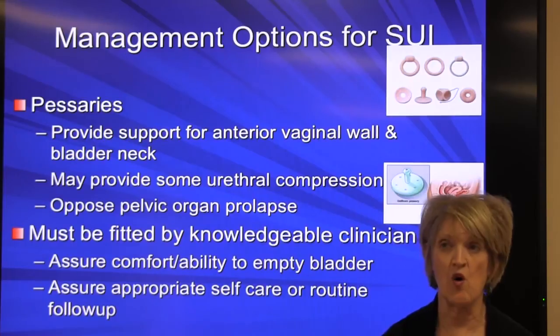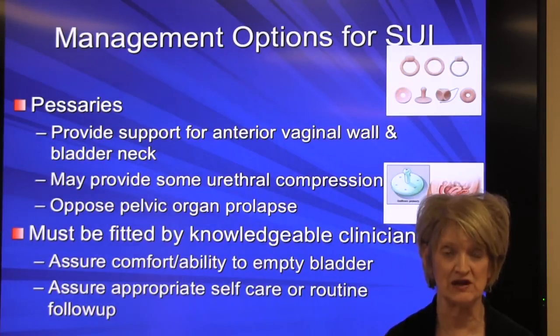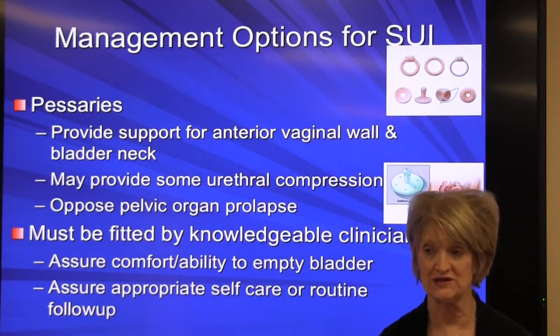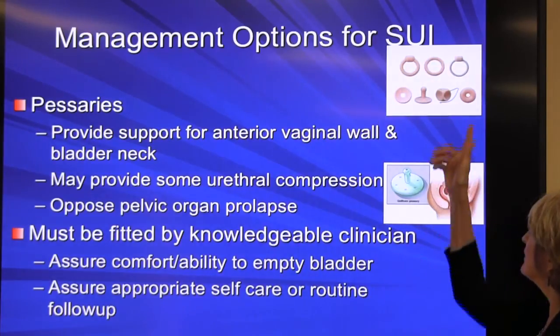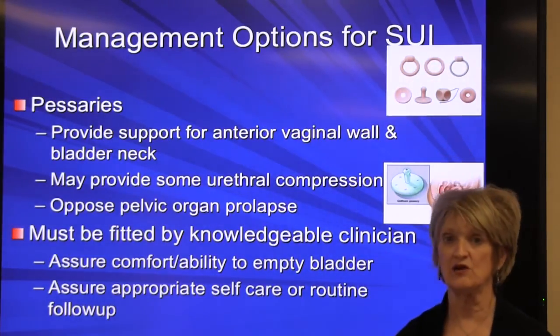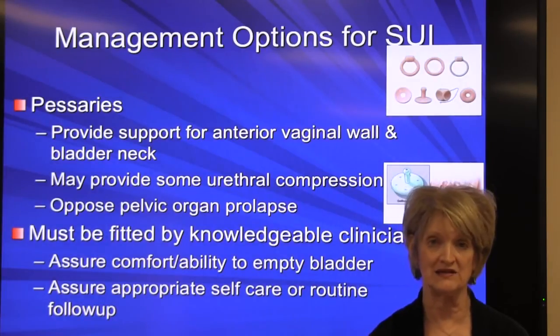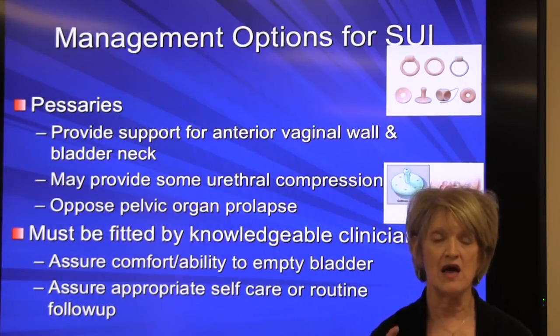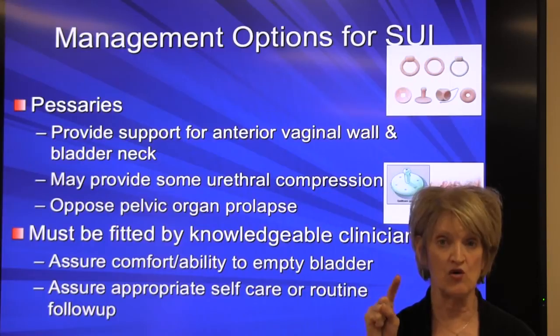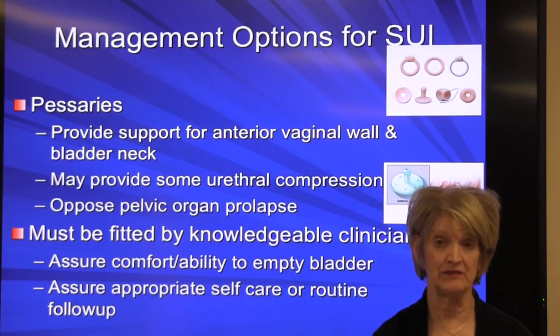What do they do? Why are pessaries potentially a benefit for a patient with stress incontinence? Well, they're all intravaginal devices, so when you put them into the vaginal vault, they support the anterior vaginal wall, and they provide support right at the bladder neck.